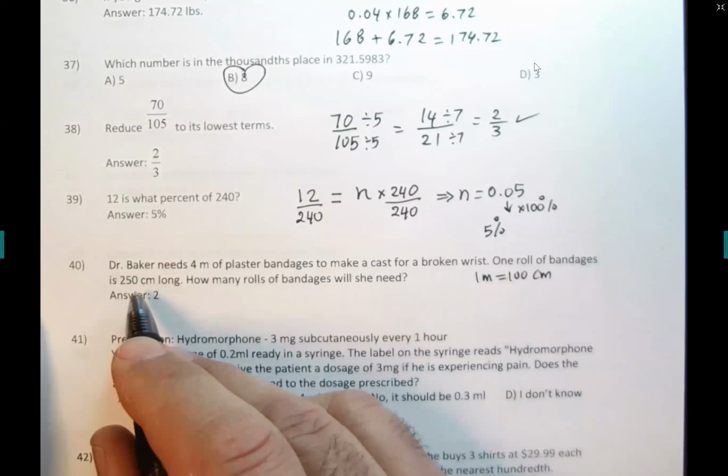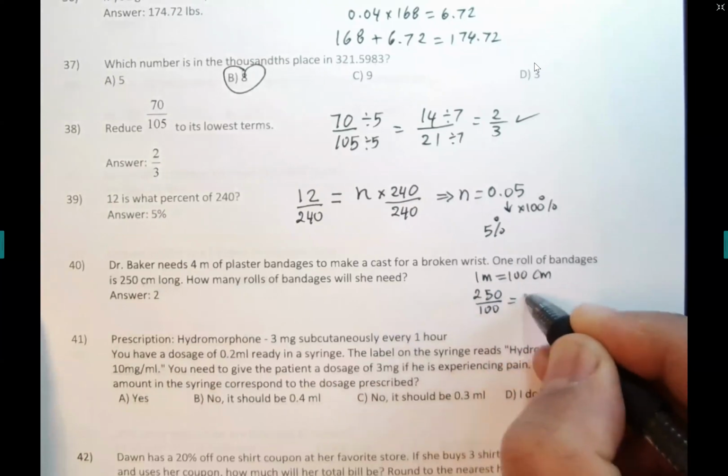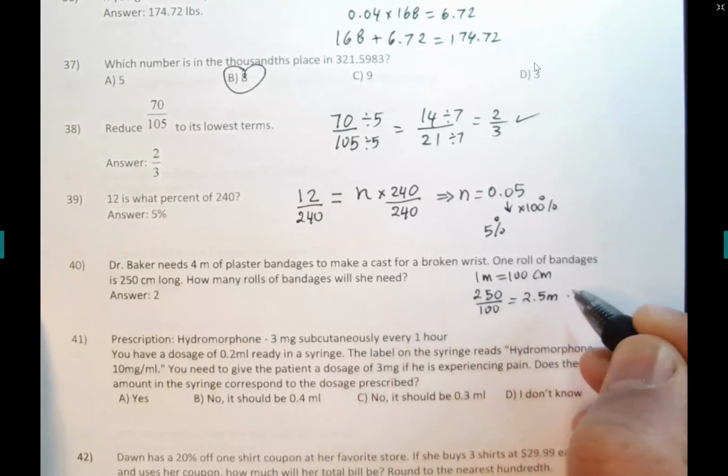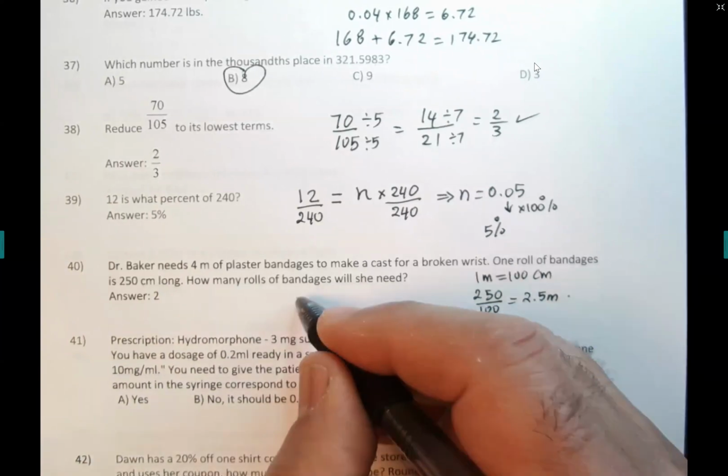So to change centimeters to meters, you need to divide by 100. So it will be 250 divided by 100. That will be 2.5 meters. Well, if the roll is 2.5 meters and you need 4 meters, so you need to buy 2 rolls. You'll have a little bit extra, but you need 2 rolls.